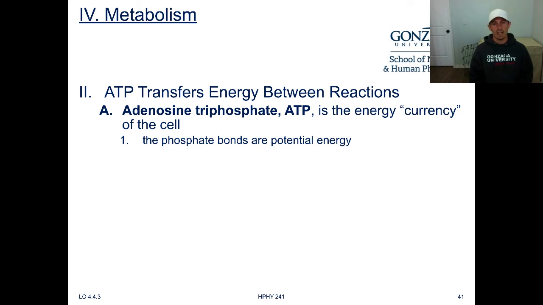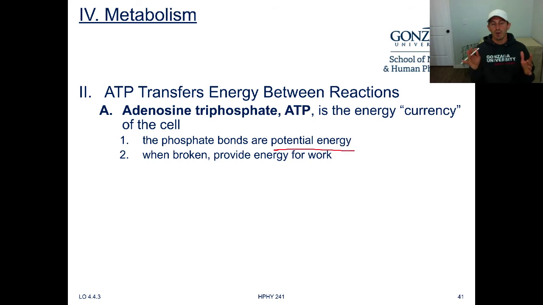But the reason that ATP is so dominant for a cell when it comes to energy is because those phosphate bonds, specifically the phosphodiester bonds that are housed in ATP, are really good sources of potential energy. They're high energy bonds, so they contain a lot of potential energy.